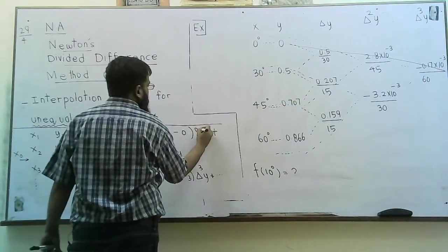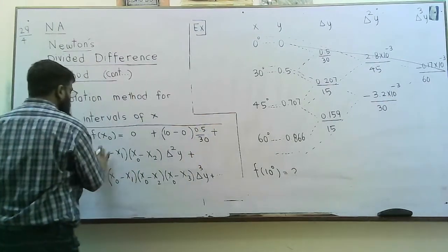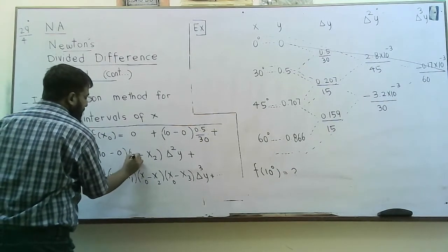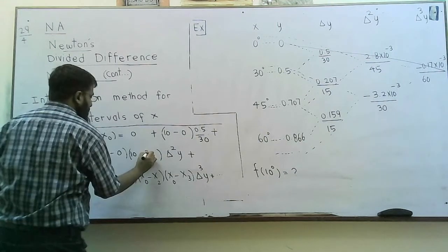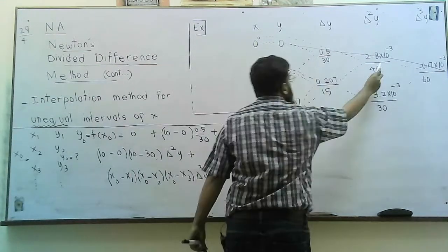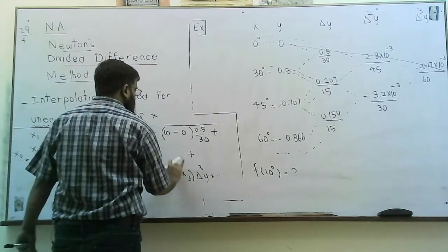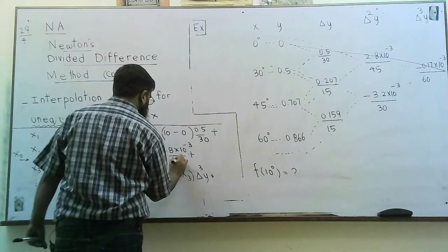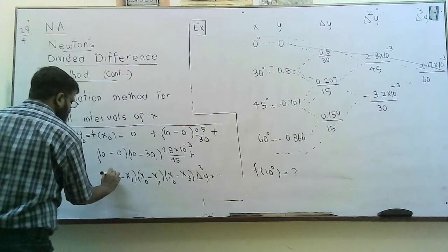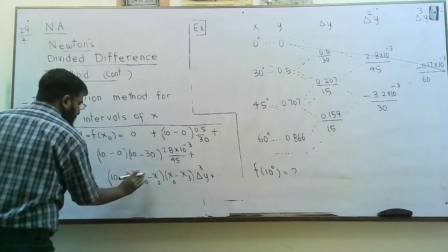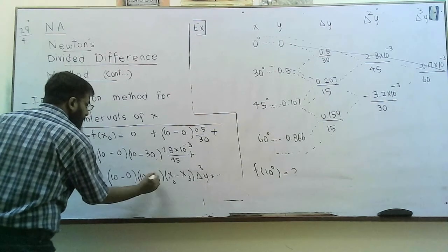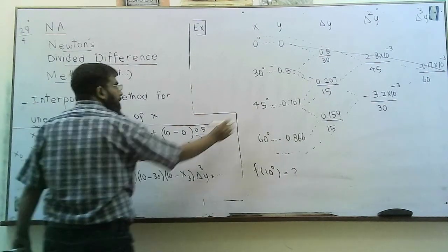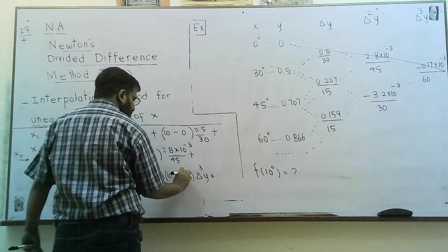So del y is 0.5 over 30, plus x0 is 10 minus 0, x0 is 10, x2 is 30, del squared y is 2.8 times 10 to the minus 3 over 45, plus x0 is 10 minus x1 is 0, x0 is 10, x2 is 30, x0 is 10, x3 is 45.